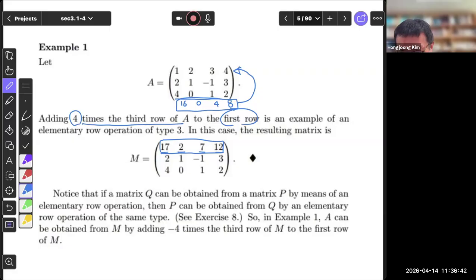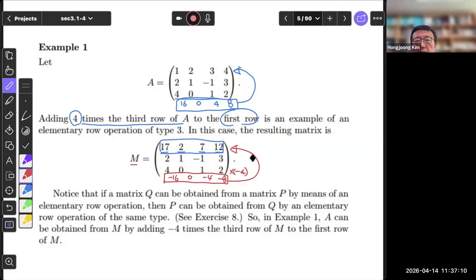And from this M, if I multiply negative 4 to the third row, you get negative 16, 0, negative 4, and negative 8. Given this M, if I add these numbers to the first row again, then you go back to A matrix. Okay.